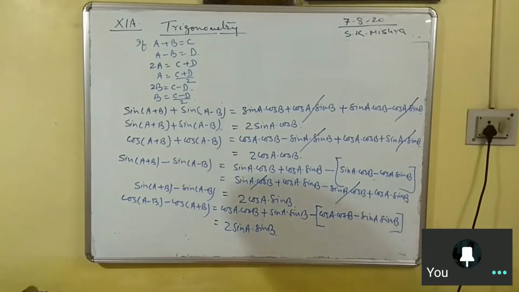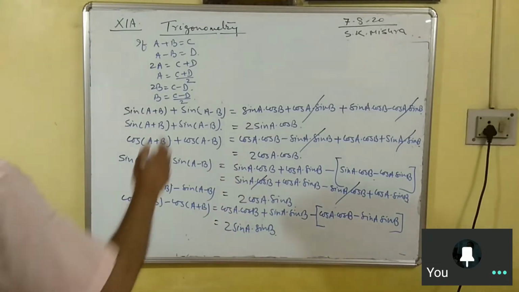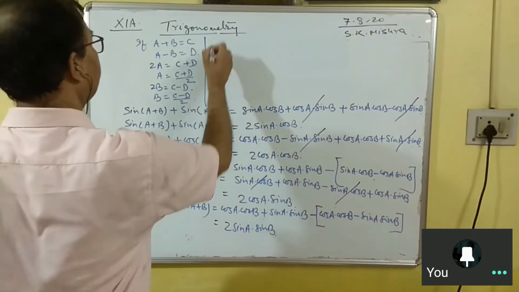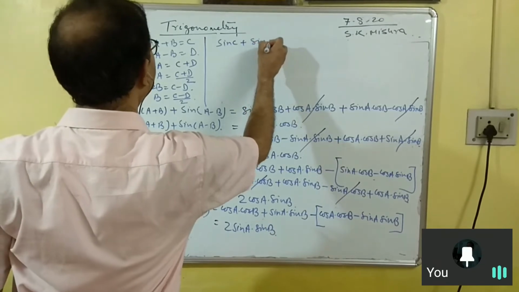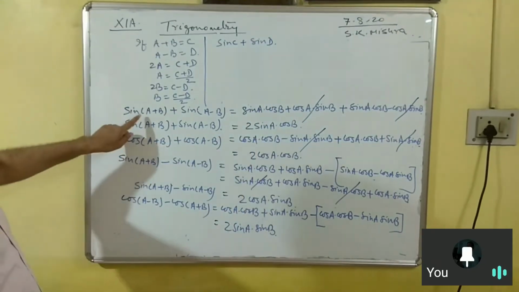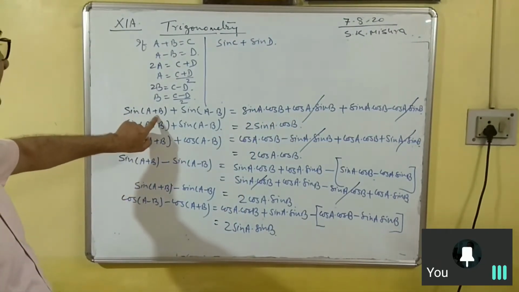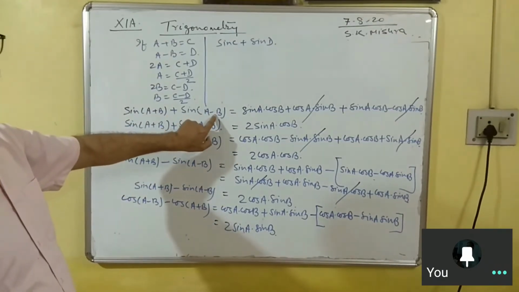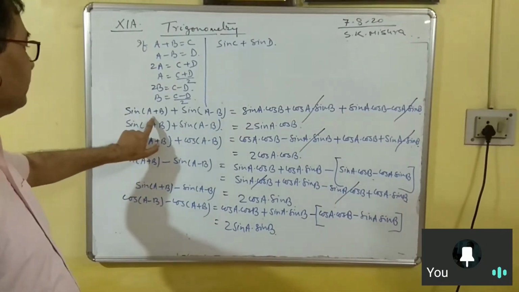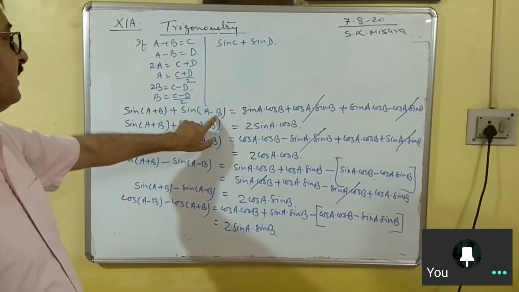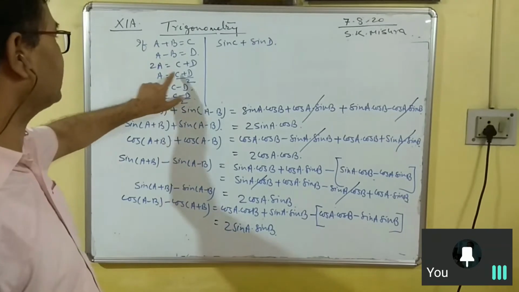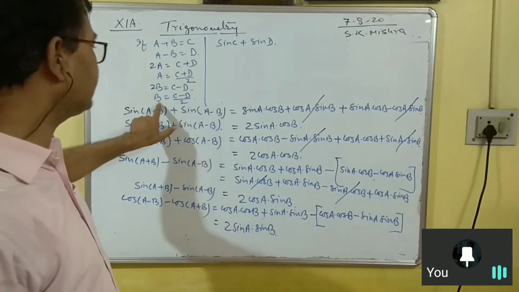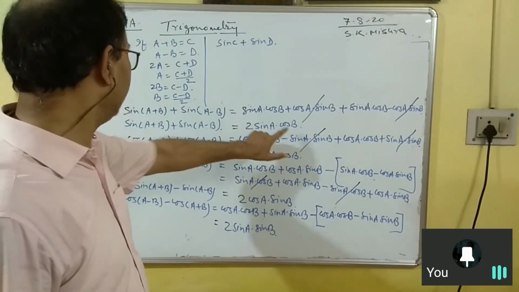Now sin C plus sin D, how much is it? Here this is C, this is D. So you have to change: wherever it is, A should be replaced by (C plus D) by 2 and B should be replaced by (C minus D) by 2.